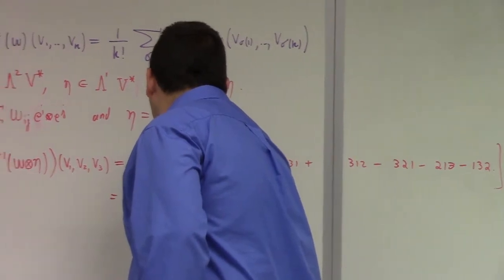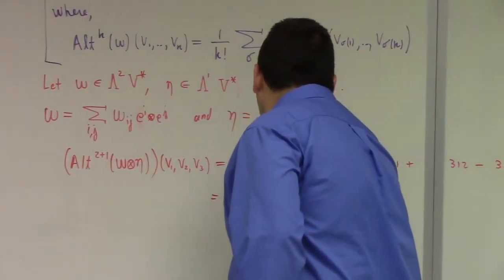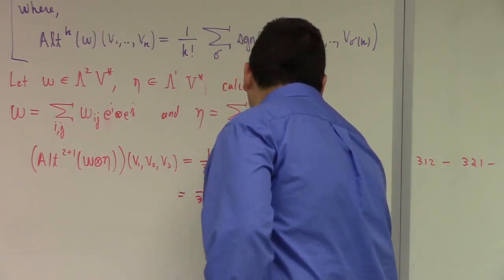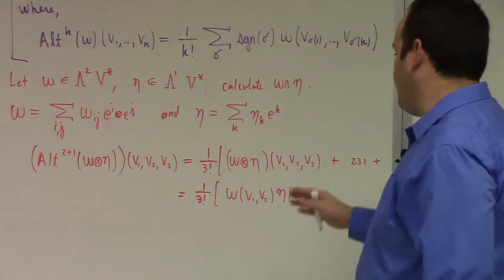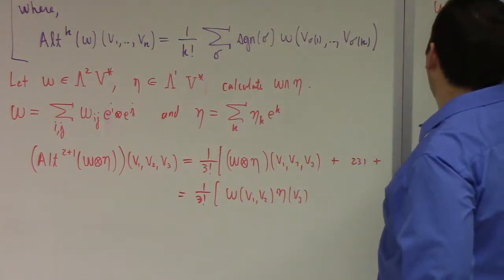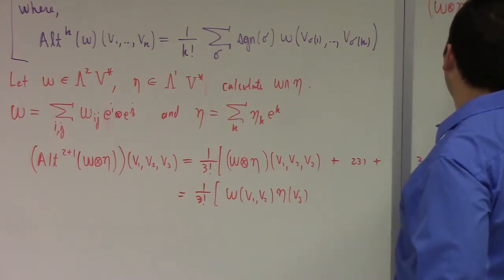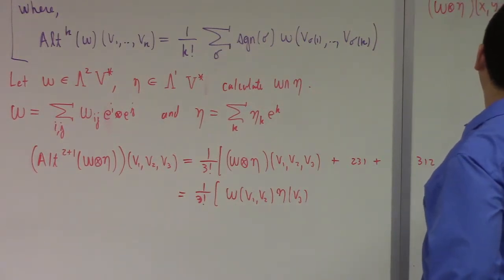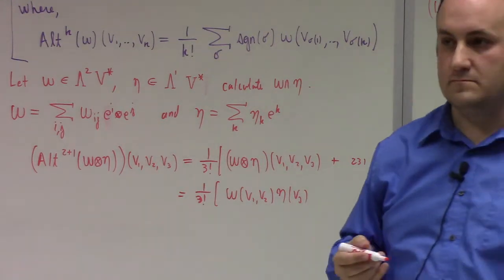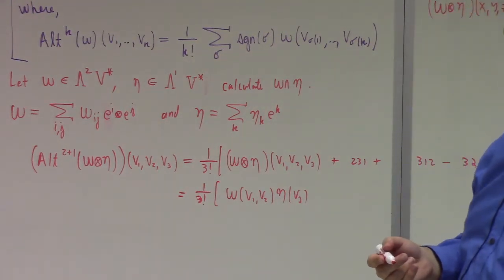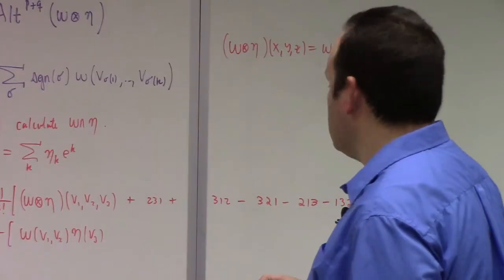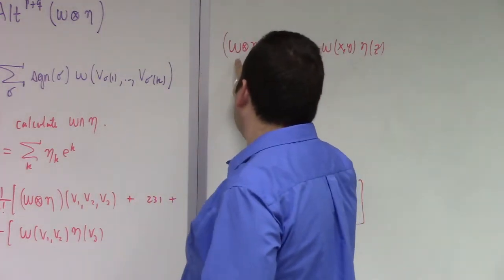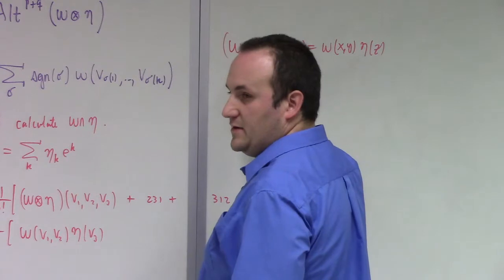And then we've got omega. If you look at that, it gives you omega of v1, v2, and then eta of v3, right? Because omega tensor eta acting on a set of vectors x, y, z is equal to omega of x, y, eta of z. That goes back to the definition of the tensor product acting in terms of multilinear maps.